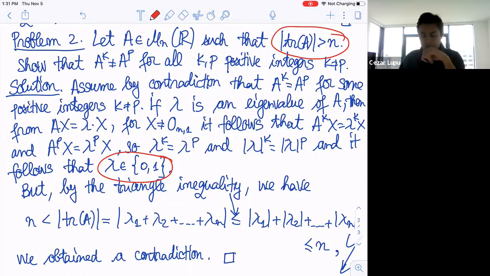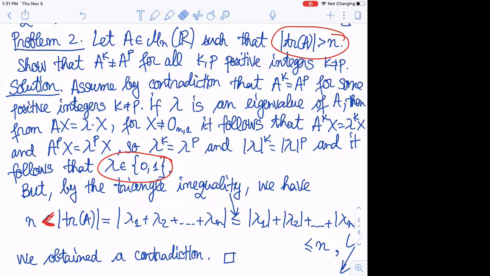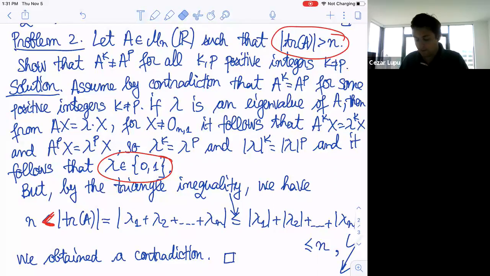You see, here you have strictly less than, without equal. So it's n strictly less than n at the end. So n is strictly less than a quantity, and this quantity is less or equal than n, but this is a contradiction.